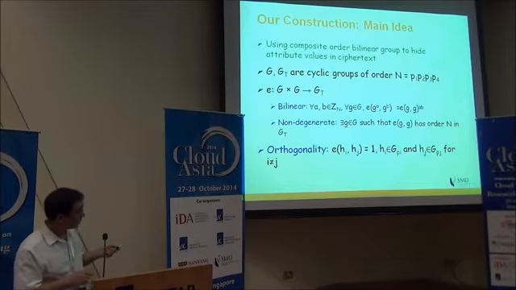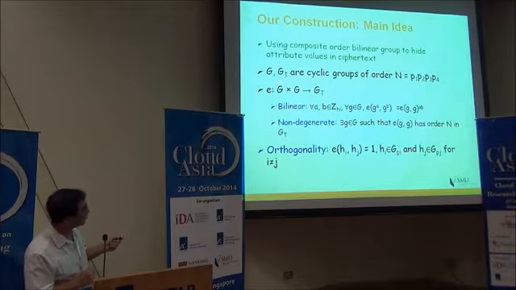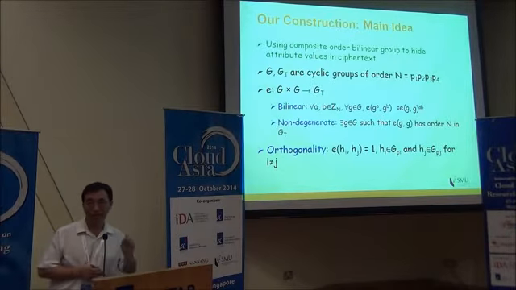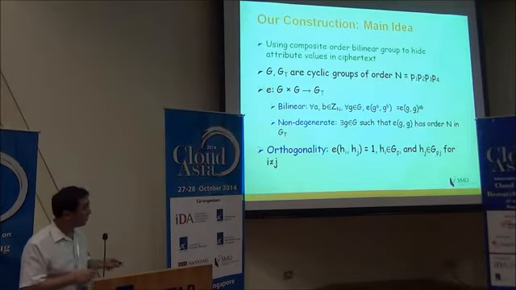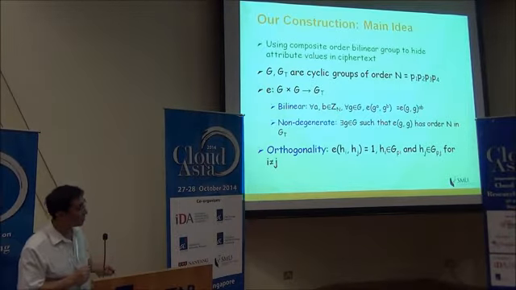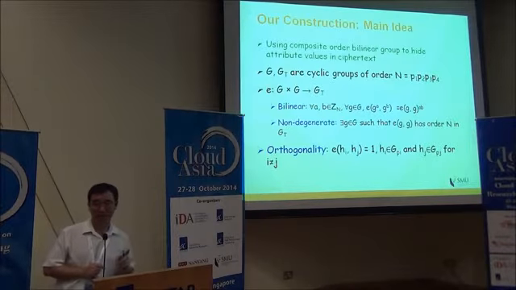And the other property is that this is a group with composite order, meaning it has prime element factors. So if we take one element from one subgroup, and another element from another subgroup, then we do the bilinear mapping, we have the identity element.